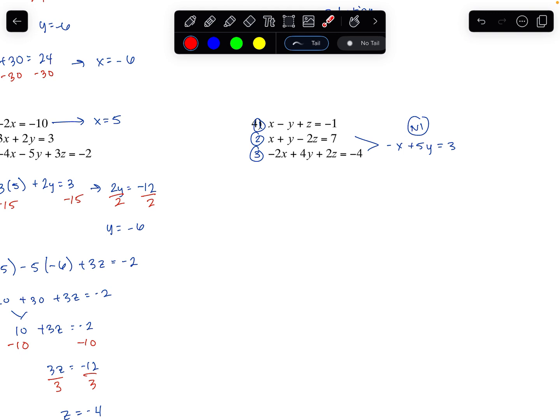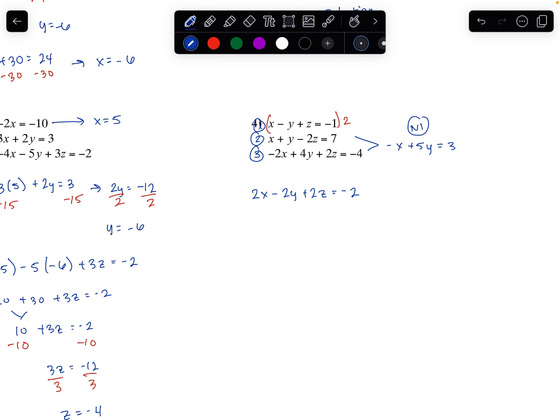So I got rid of z by adding these ones together. I'm going to get rid of z again, and I'm going to add these two together, but I do need to multiply this equation by 2 before I add it with the other equation. So when I do that, I get 2x minus 2y plus 2z equal to negative 2.